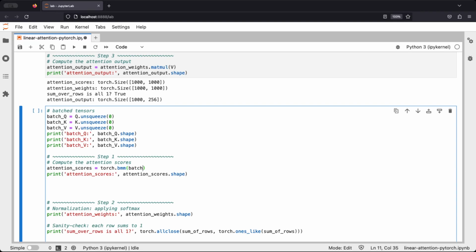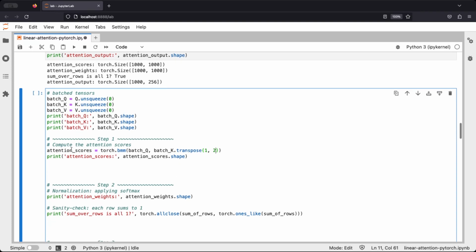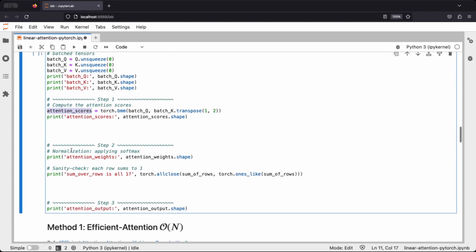The first one is batch q, and the second one is batch k, but k must be transposed. And here is another thing, we cannot use .t here, we should use .transpose, because batch k has 3 dimensions. Which dimensions do we want to transpose? That is dimension 1 and dimension 2. So that gives us the attention scores.